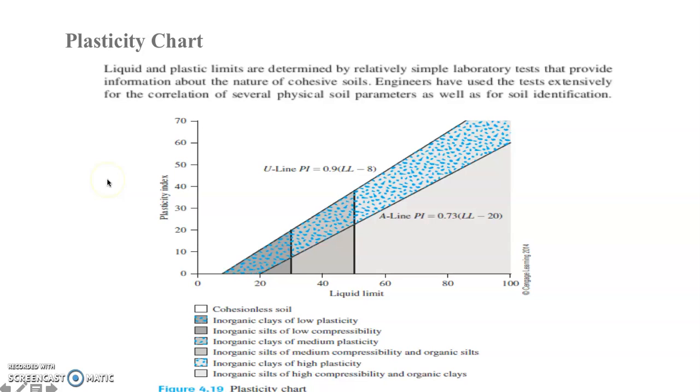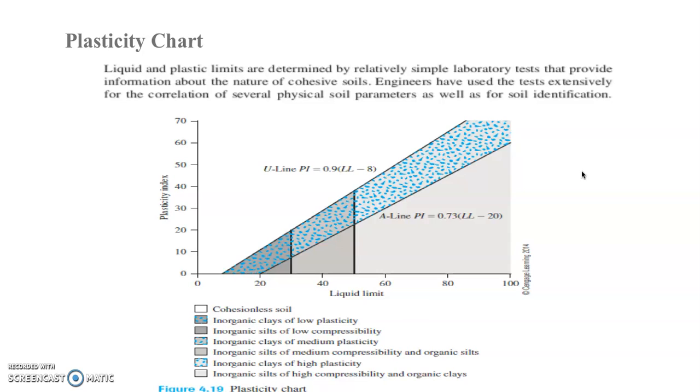Then, of course, we have to move on now to the plasticity chart. The plasticity chart will provide you with a method for determining the type of fines. So in the plasticity chart, we have what we call the A line and the U line. As mentioned, liquid and plastic limits are determined by relatively simple laboratory tests that provide information about the nature of cohesive soil.